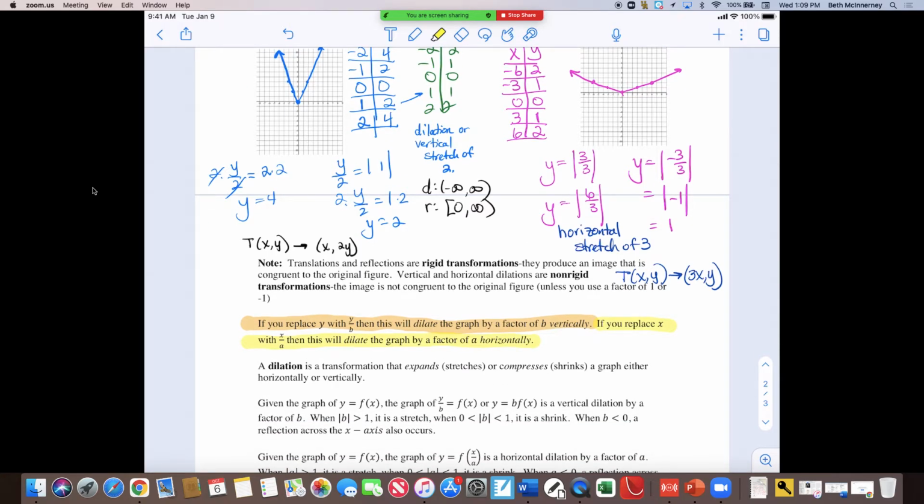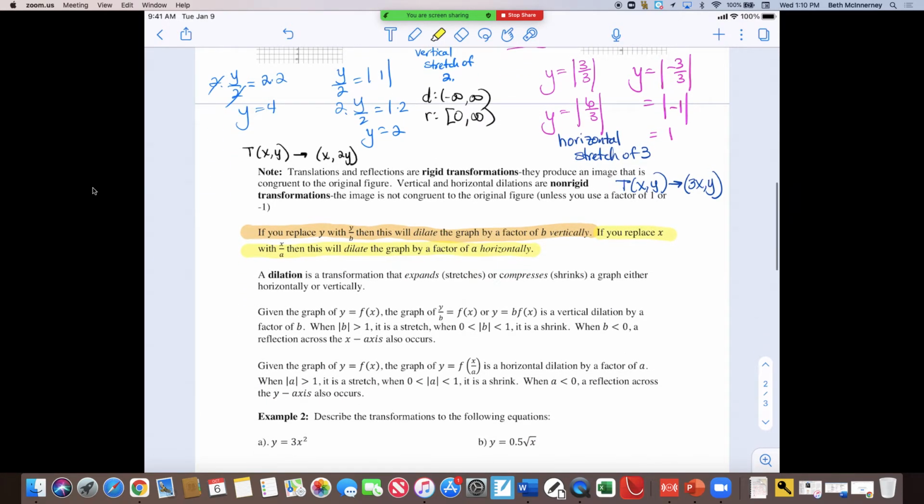A dilation is a transformation that expands, we call that stretches, or compresses or shrinks a graph either horizontally or vertically.